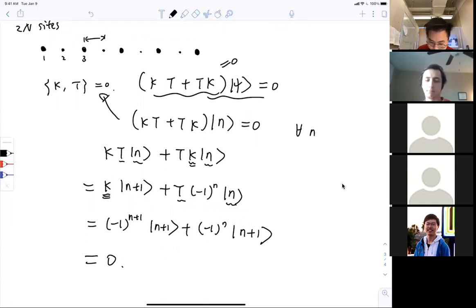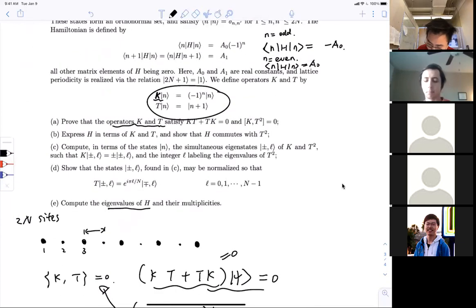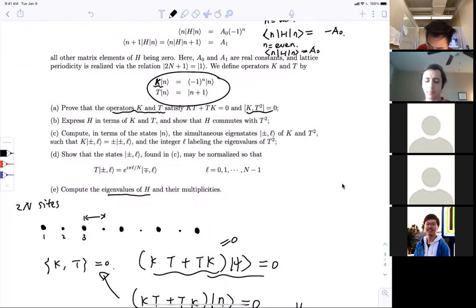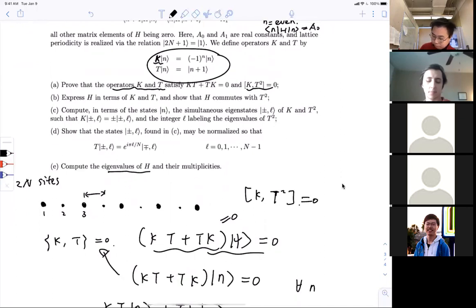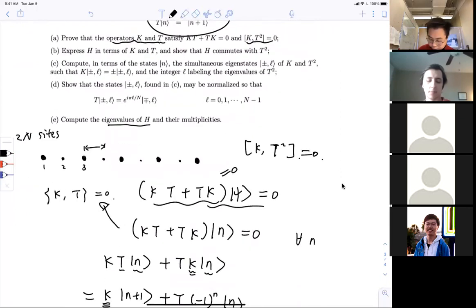Okay, so I guess it's very straightforward. For this part, we also need to show that K commutes with T squared. Physically, this is very obvious, right?